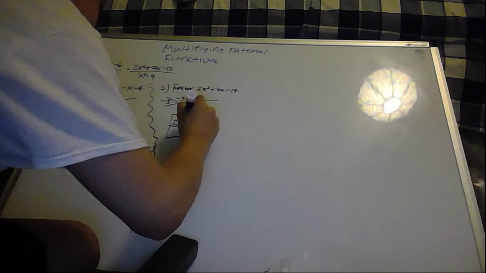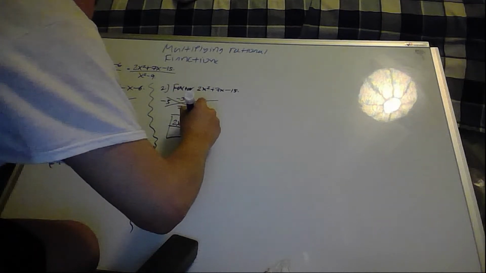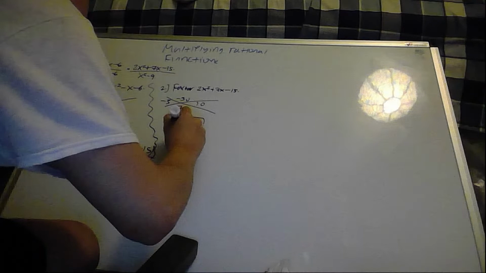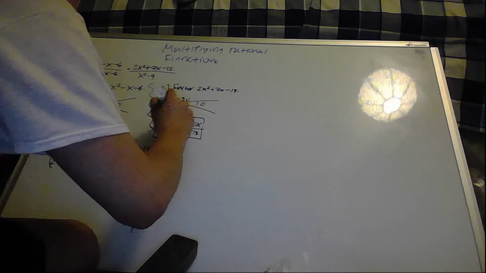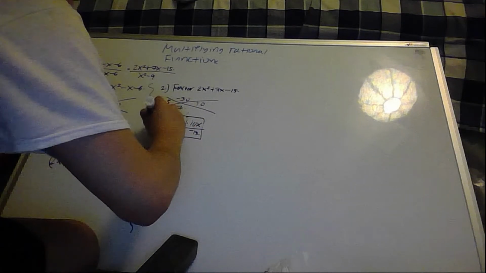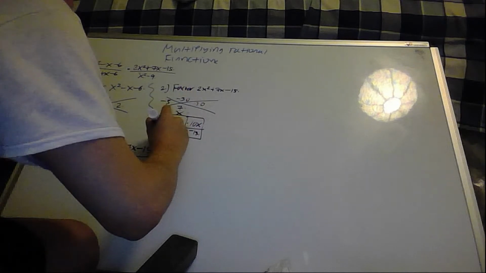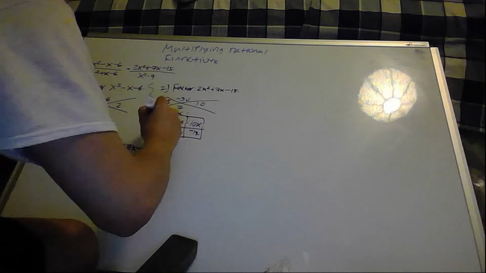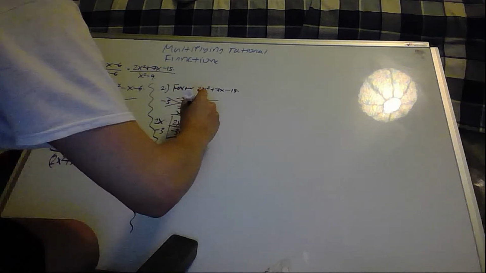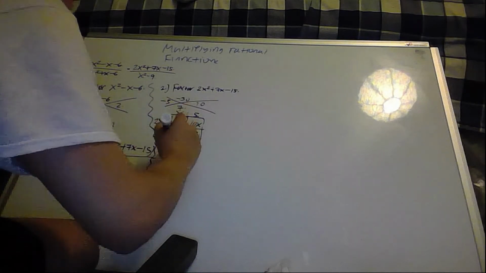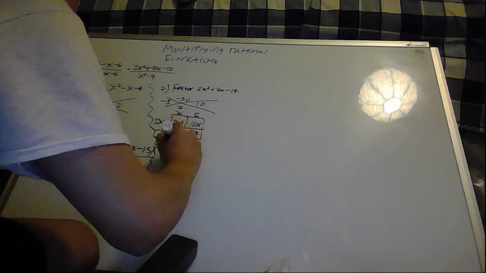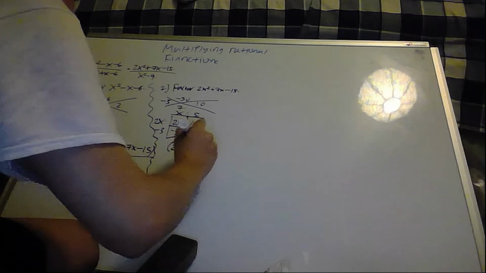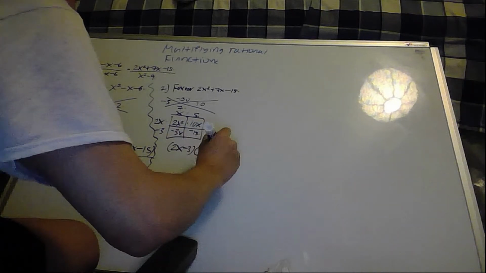So we have 2x and x, negative 3 and 5. So then we have 2x minus 3 times x plus 5, right?